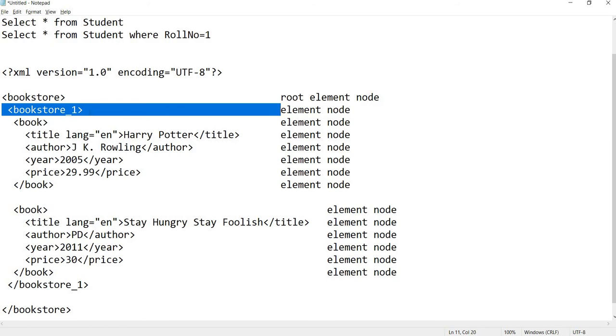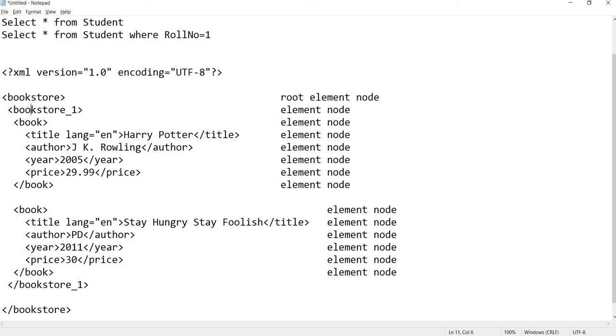It's parent's parent, isn't it? And who is bookstore for these four? Parent's parent's parent, right? So when we say parent of these four, book is a parent of these four.